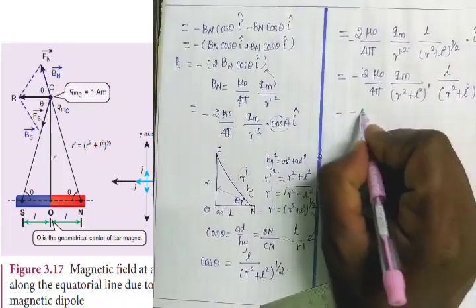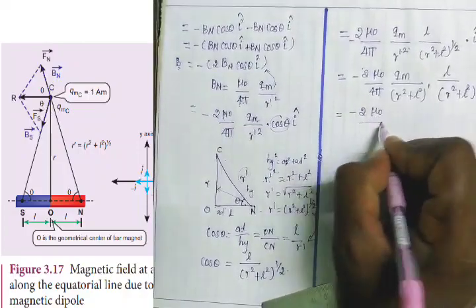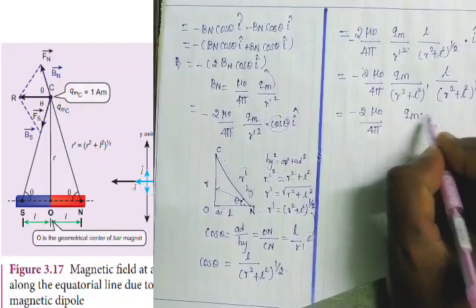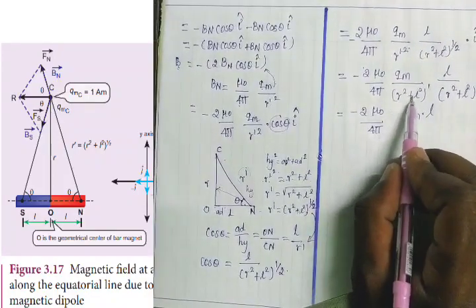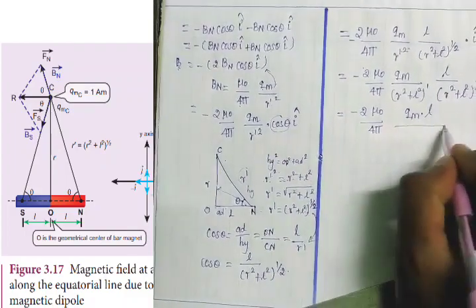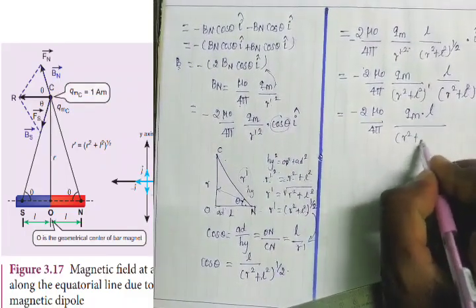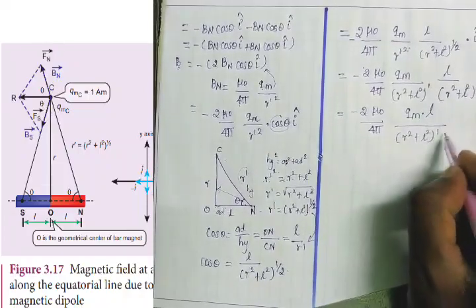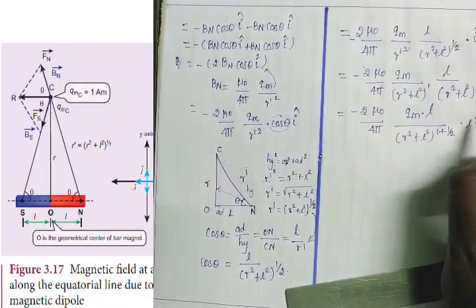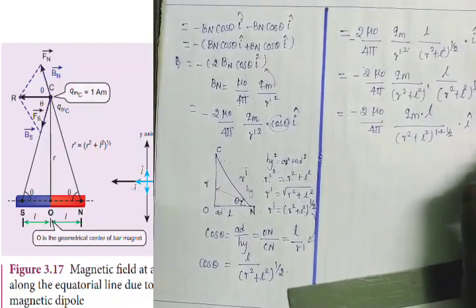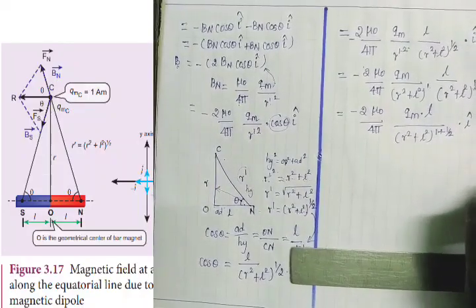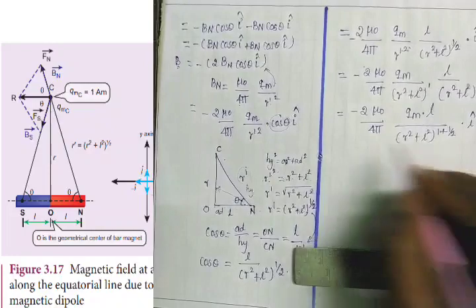And the next step: minus 2 mu naught divided by 4 pi, Qm into L. Here R squared plus L squared, here also R squared plus L squared, so only the power is different. So simply write R squared plus L squared with the first power plus the second power, 1 plus 1 by 2, into the unit vector i cap. 1 plus 1 by 2 is nothing but 2 plus 1 divided by 2, which is equal to 3 by 2.